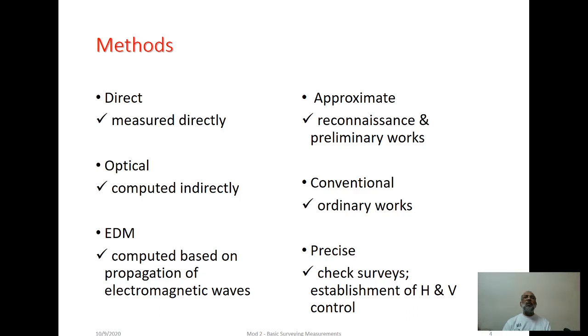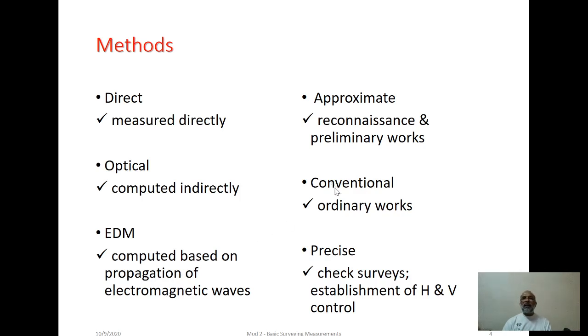They are meant to give the output directly. Optical methods are mostly computing some parameters, and as such, the distance is measured indirectly. EDM methods are based on the computations made with respect to the propagation of electromagnetic waves.